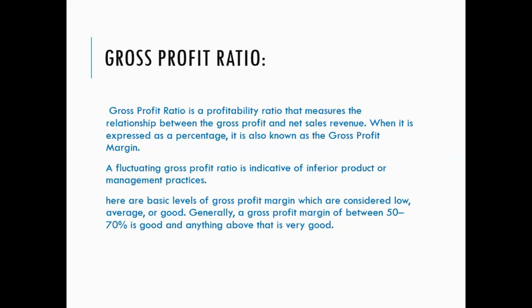A fluctuating gross profit ratio indicates inferior product or management practices. Here are the basic levels of gross profit margin, considered low, average, or good. Generally, a gross profit margin of between 50 to 70% is good, and anything above that is very good.